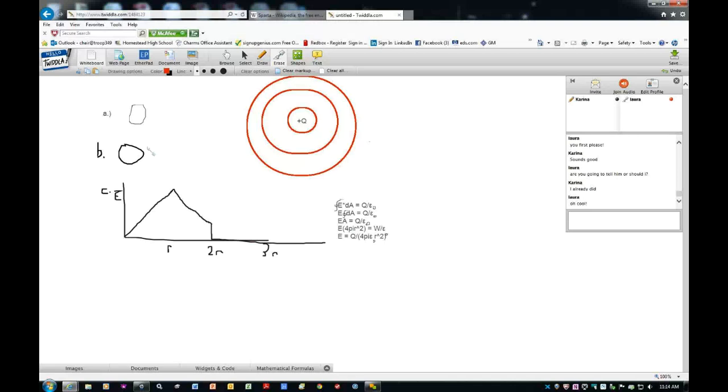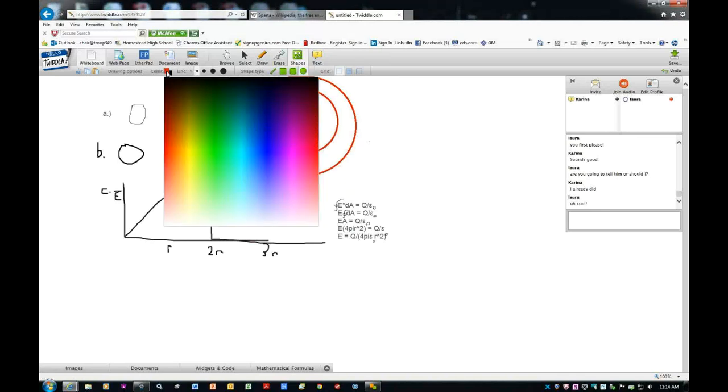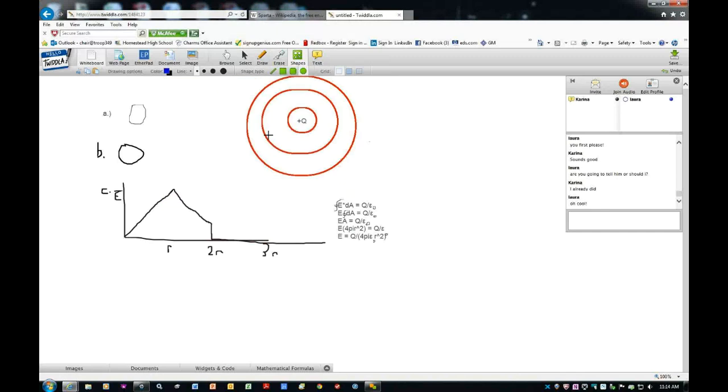So my question to you is this: if I draw again for a second on yours, let's say I draw in a Gaussian surface. I'm not doing a very good job, but imagine that I've drawn in a Gaussian surface.